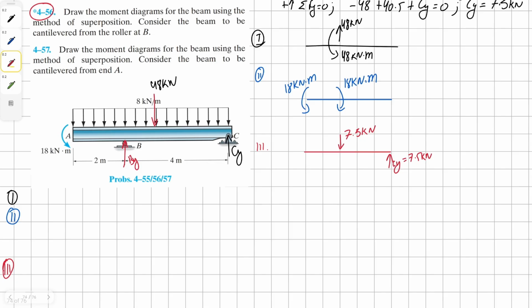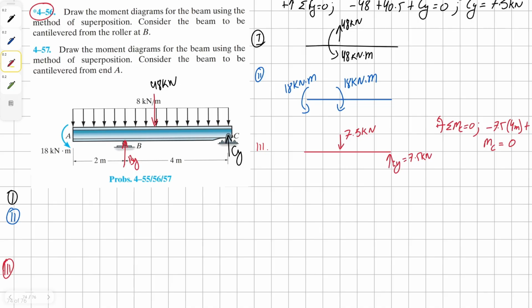And the reaction is going to be, if we sum the forces in for the point C, we're going to have clockwise 7.5 times 4 meters plus our moment C goes to 0.